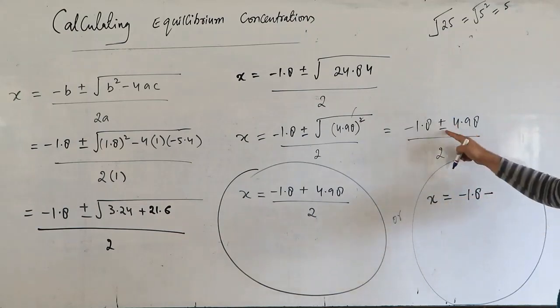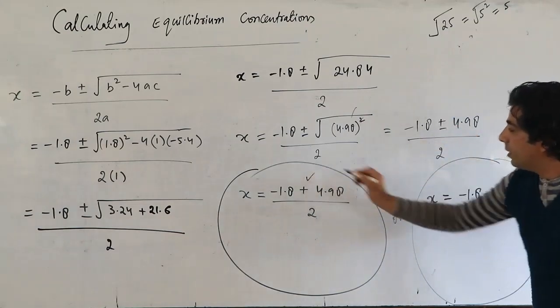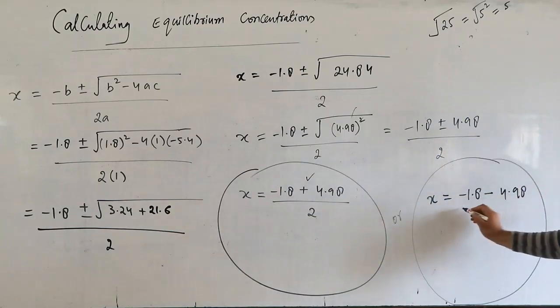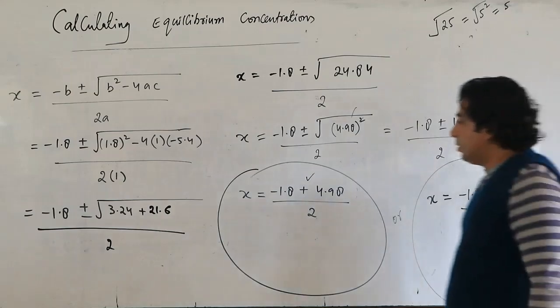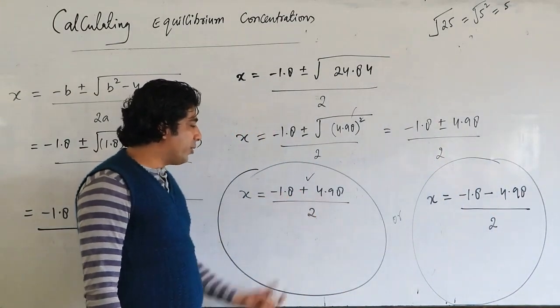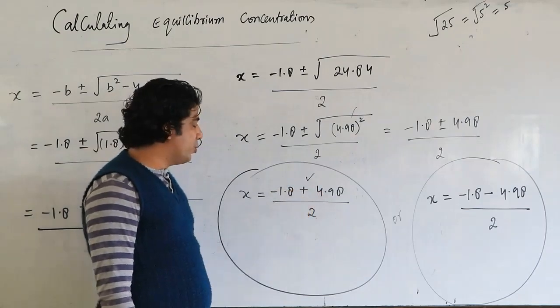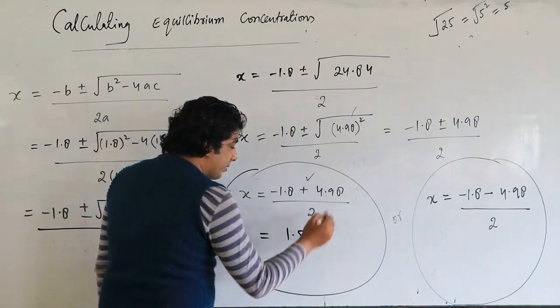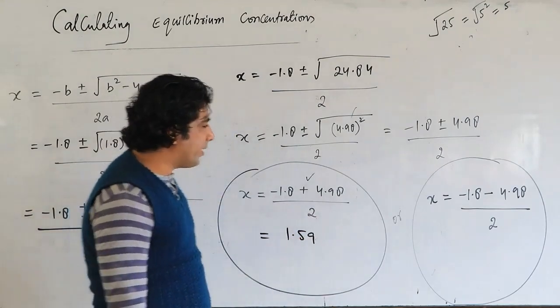Then in place of plus minus, I have already taken the plus, so I will take now minus 4.98 divided by 2. So when you have a bigger number positive and a smaller number negative, whatever you get here divided by 2 will come out to be around 1.59. Positive only, x is 1.59.